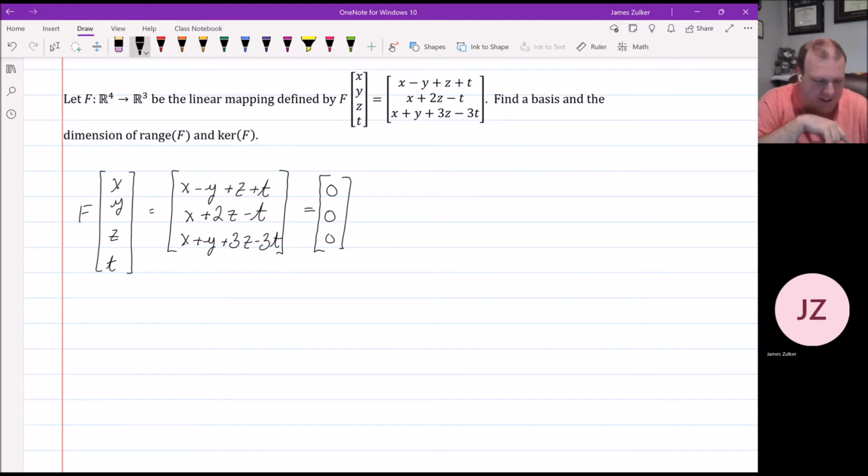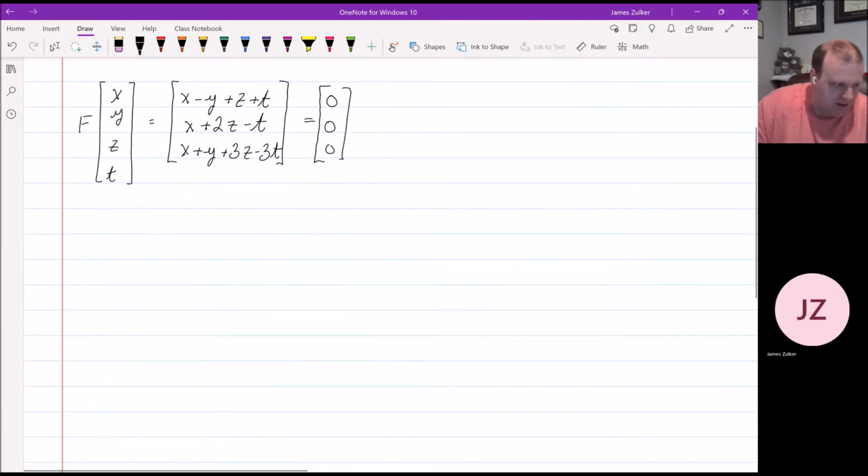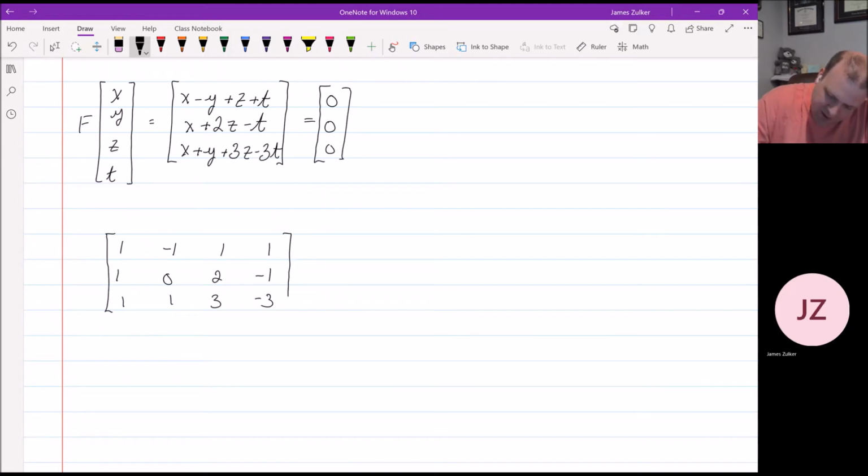Well, now, of course, we have a system of equations. So we know how to solve this. We're going to set up our coefficient matrix. And there's no need to augment it with 0, 0, 0, right?